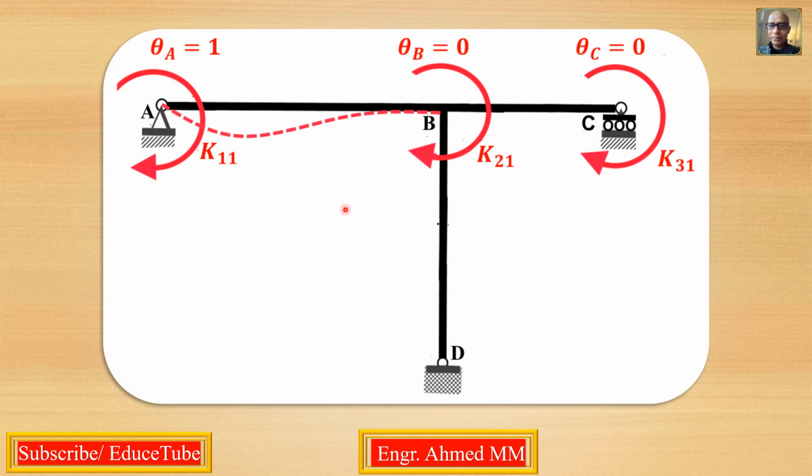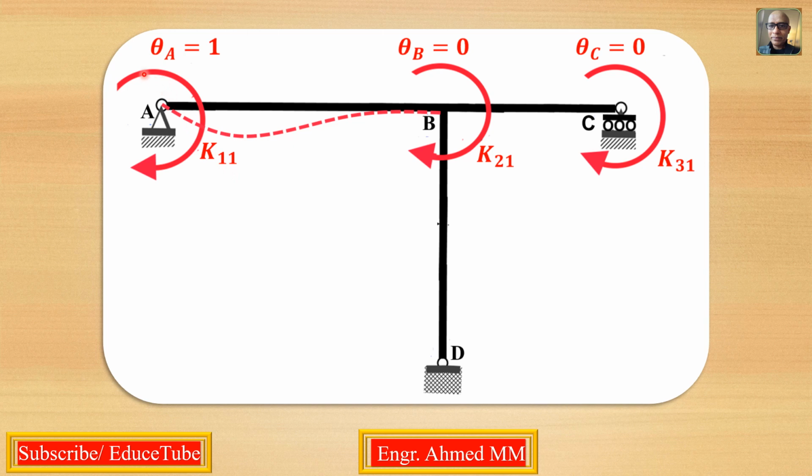Now here, the coefficients for the structural stiffness matrix. What are they? Here I put the coefficient for this node K11, for this node K21, for this node K31. How is it named?